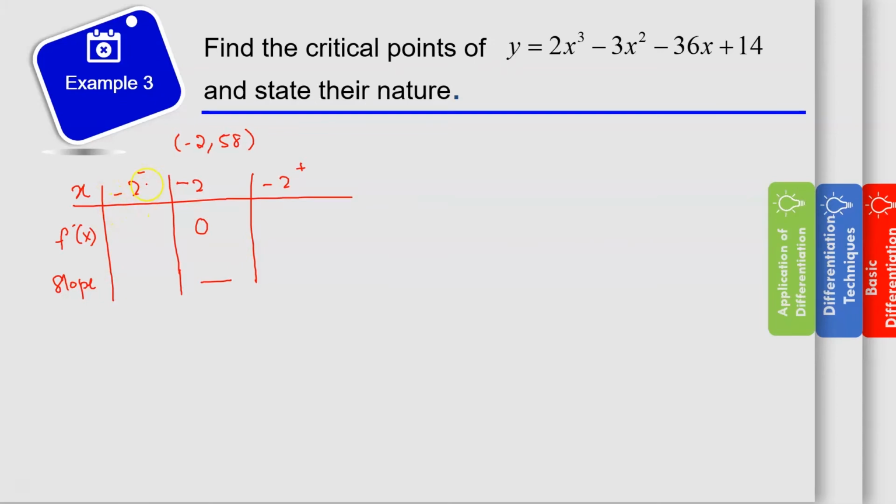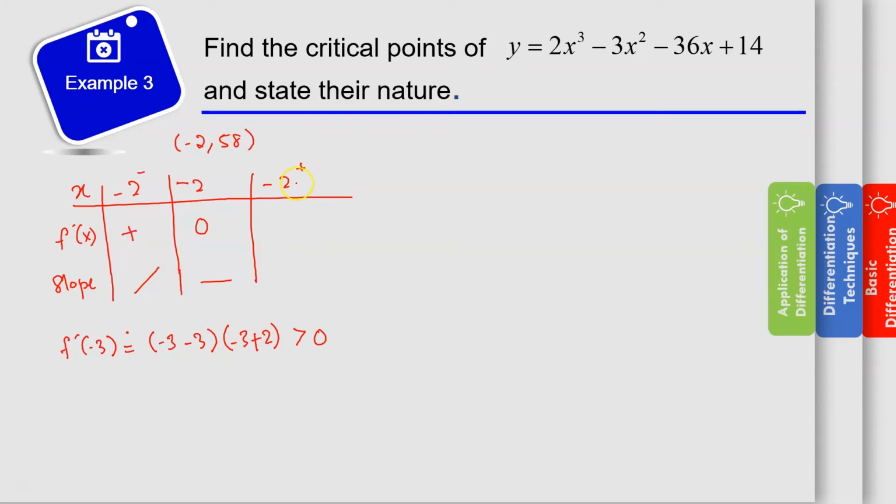But for negative 2 at the negative side, let's say I choose negative 3. When I choose negative 3, I have f prime negative 3 equals negative 3 minus 3 times negative 3 plus 2. This is negative, this one also negative, so you will get an answer greater than 0, meaning the slope is positive, going up.